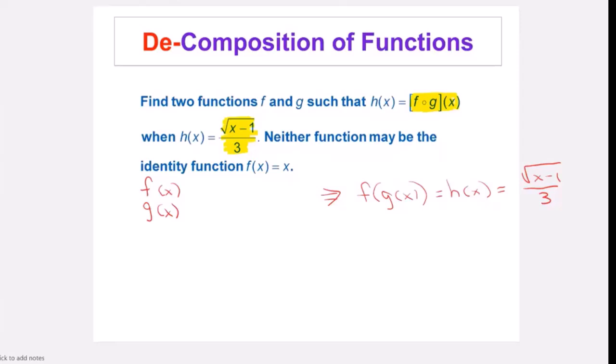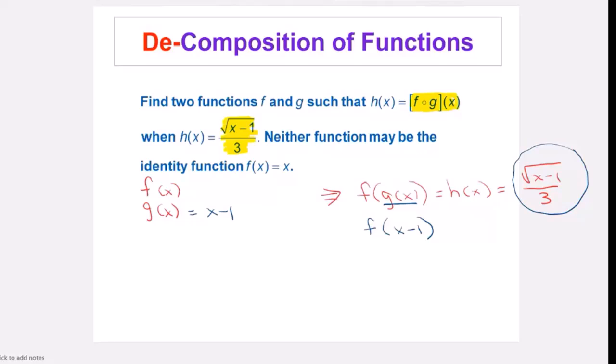But I'm going to look at this, and I know that I have this inside function g of x. So let's figure out what's inside of the function first. Well, I have a few options, but I'm going to say, let g of x equal x minus 1. Okay? So now I'm going to take x minus 1, and I'm going to put it through my f function. When I do that, I need it to equal this.